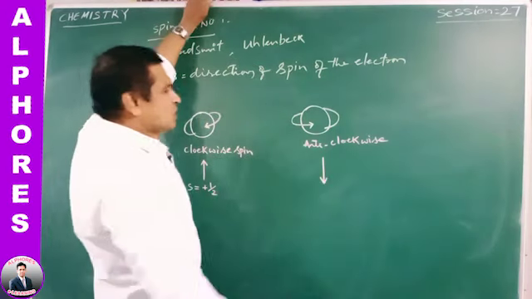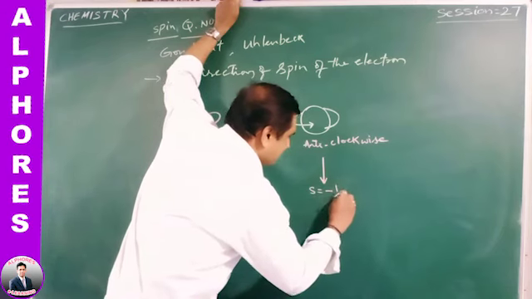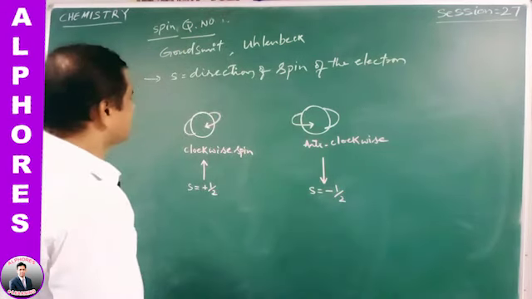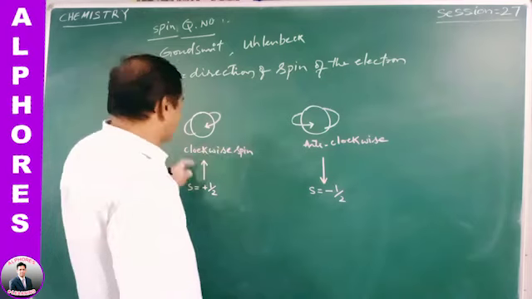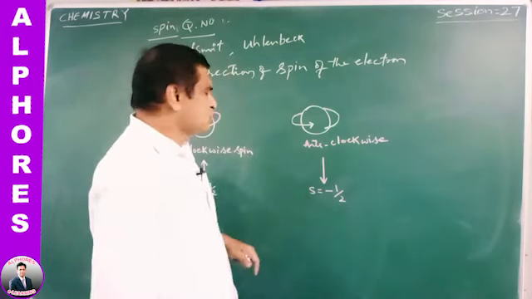This gives the spin quantum number value as minus 1 by 2. A clockwise spin electron is given plus 1/2, and an anti-clockwise spin electron is given minus 1/2.